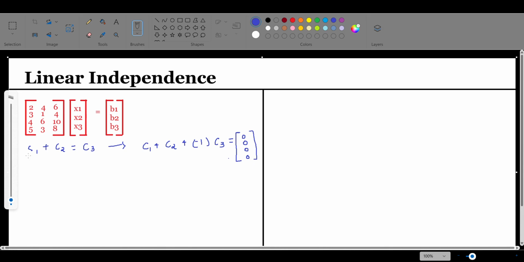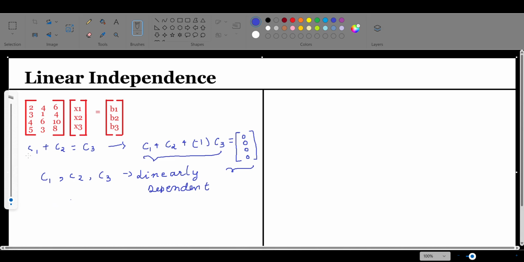Now the thing to note over here is that if the columns of a matrix can be linearly combined to give you the 0 vector, then the sequence of column vectors are linearly dependent on each other. So all three of them together are linearly dependent on each other. Okay, linearly dependent.